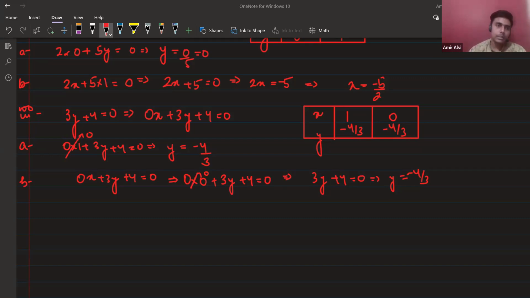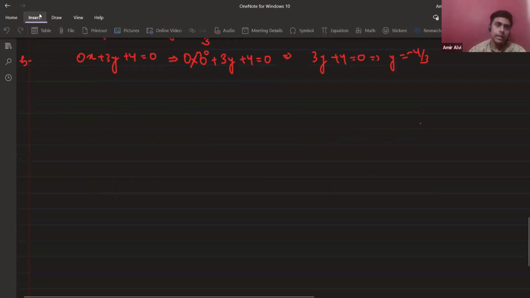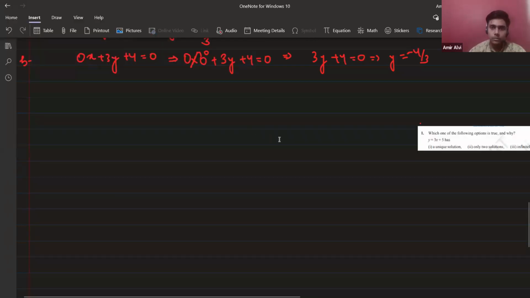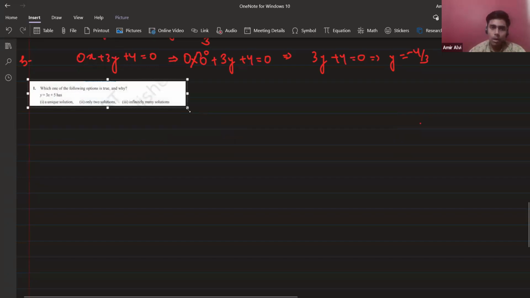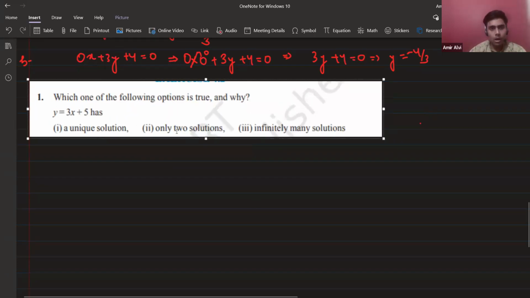Simran, tell me in this question what is the answer? It's an objective type question. You have to give the answer, like the explanation why it is and why it is not. Do it in your copy and let me know. Okay.